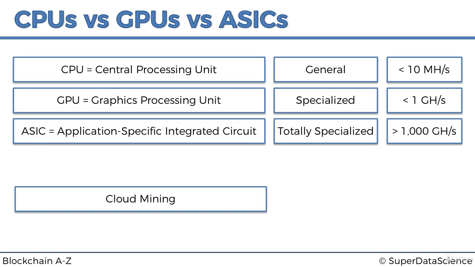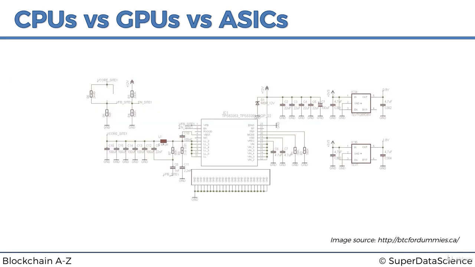They're just paying a fee to use someone else's equipment, like a big server room or something like that, kind of like cloud computing or cloud storage. That's also a type of mining that miners can engage in. So those are our types of mining: CPU, GPU, ASIC, and cloud mining.